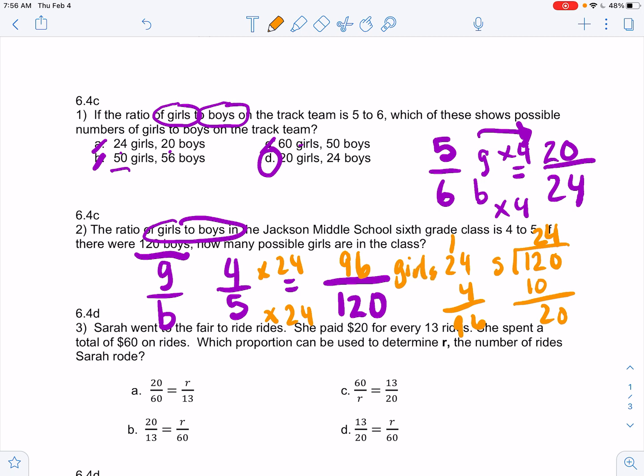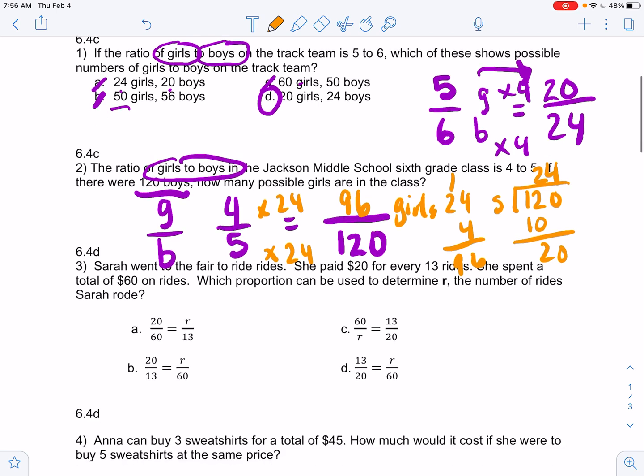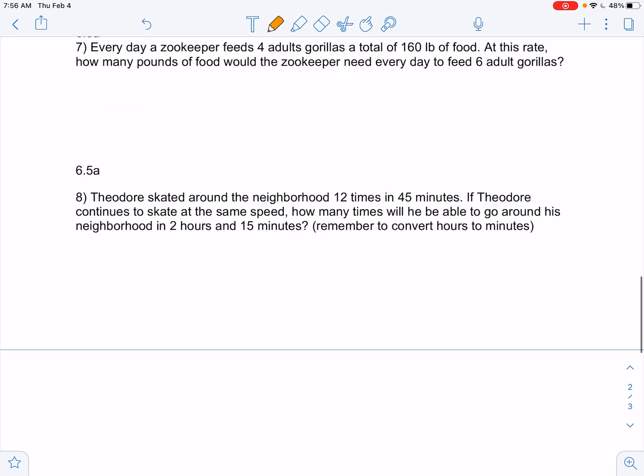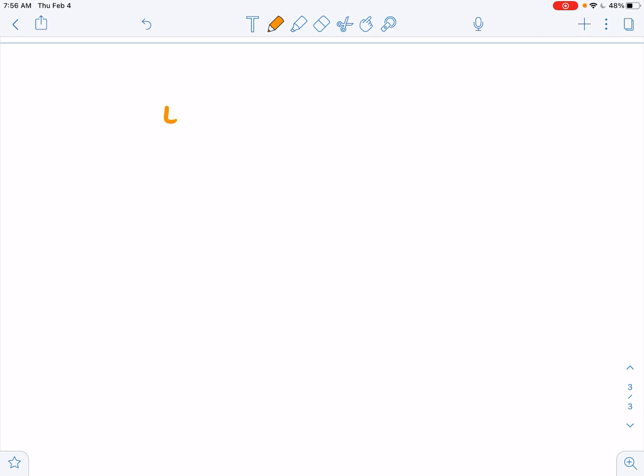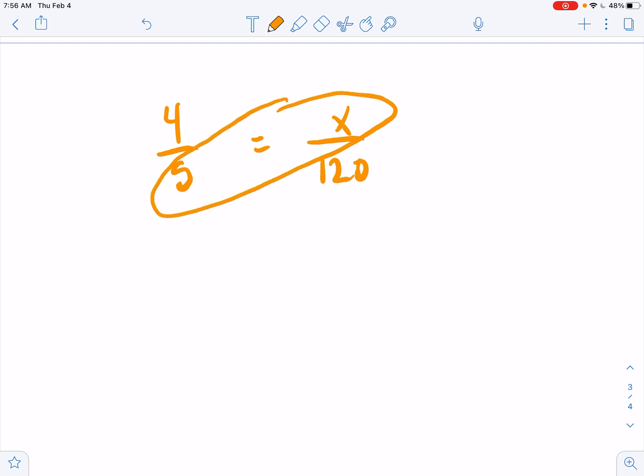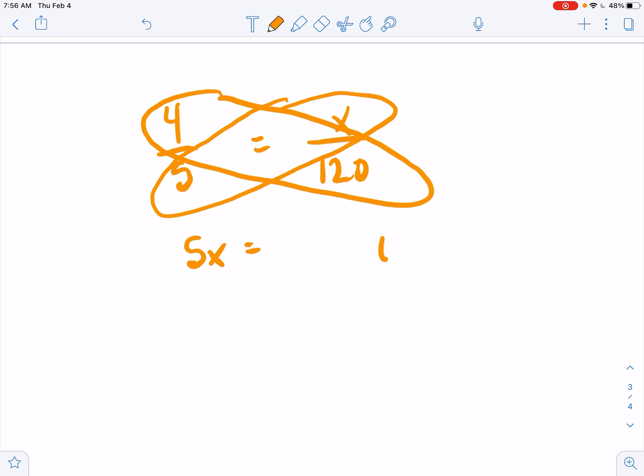Okay? I'm also going to come down here and show you the other way you can do this. 5/4 and 1/20. I'm going to the very bottom. We're doing our cross product with the unknown. So what we're really doing is we're building an equation. 5x is equal to 480. Draw your line. Divide both sides by 5.